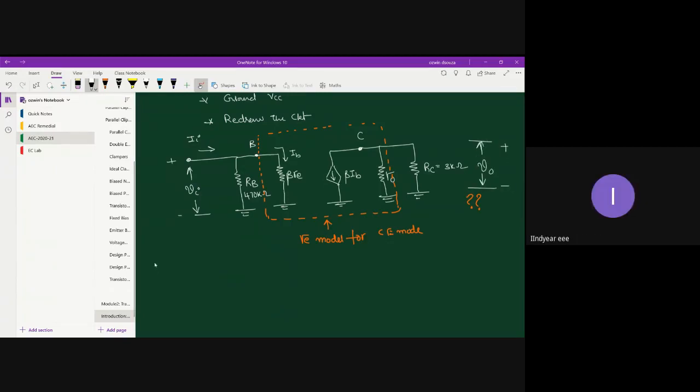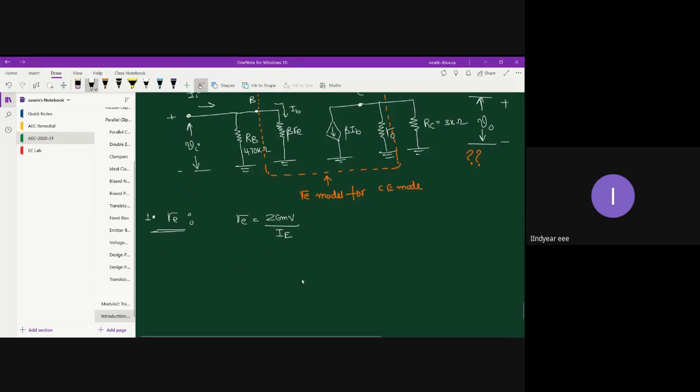All right, fine. First, let us find out re. The first task is to find the effective AC resistance re. re is calculated as 26 millivolt divided by IE, where IE is the DC current. How will you find the DC current? You can find it provided you know the biasing circuit.